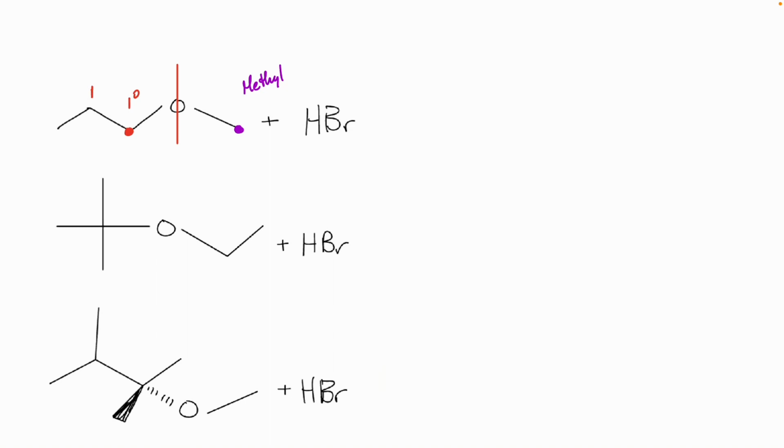All right, and then what is more reactive, a methyl or a primary? According to our little chart, it's going to be a methyl. All right, so that means that is what that bromide's going to react with. I'm going to stick the bromide on the more reactive end, the methyl group.